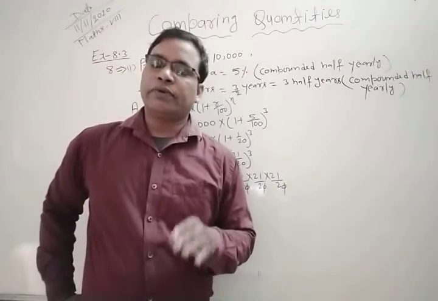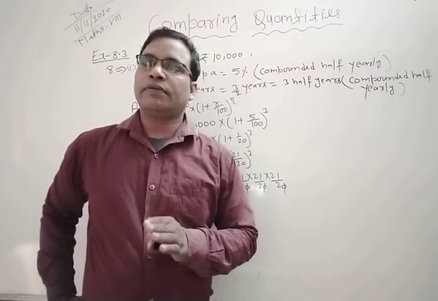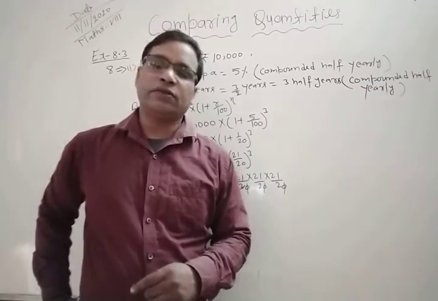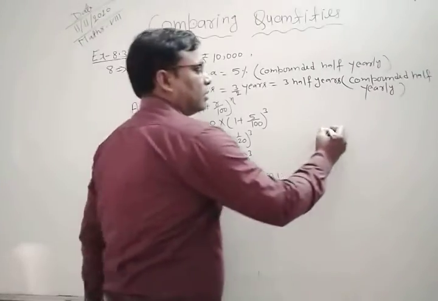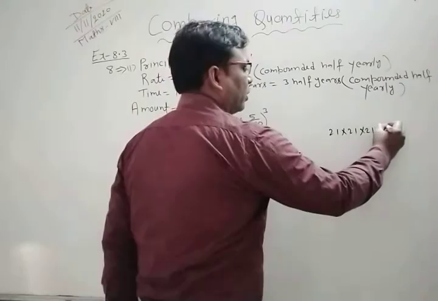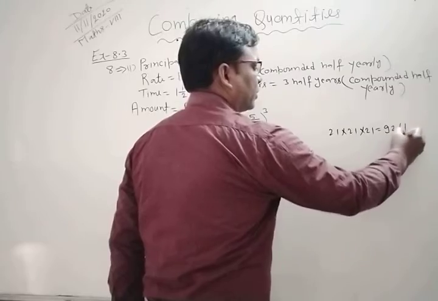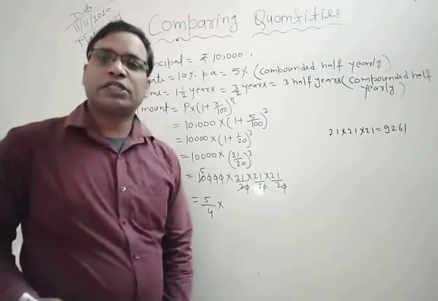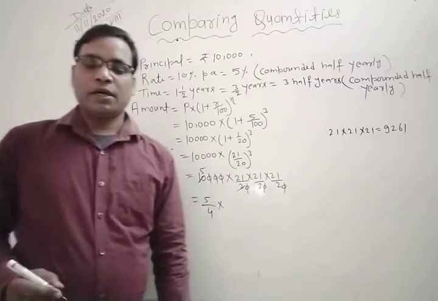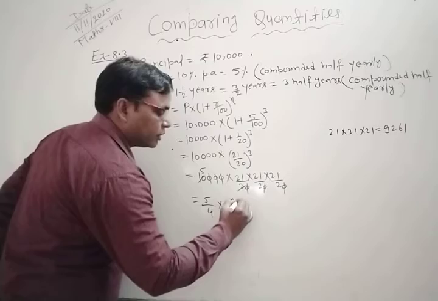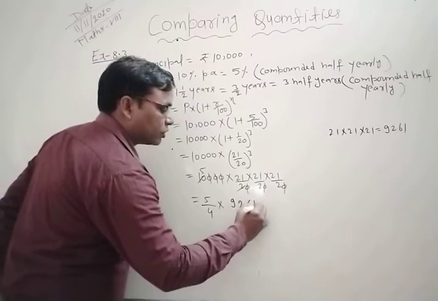Again 441 into 21 is equal to 9,261. Or you can say 21 into 21 into 21 is equal to 9,261. This is the cube of 21. Okay, 9,261 is the cube of 21. So you can write here 9,261.